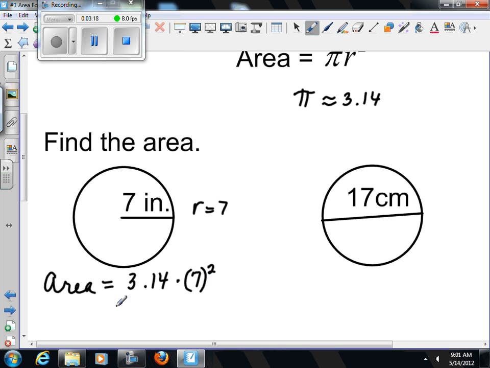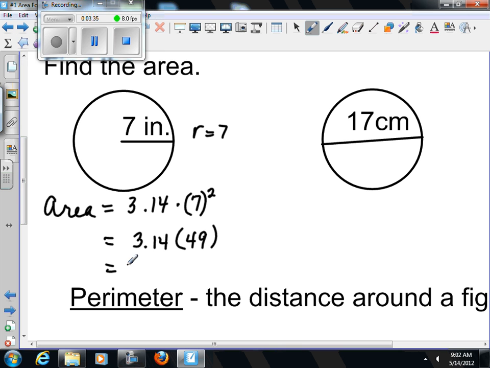We have to do our exponents first. 7 squared is 49. So we have 3.14 times 49, and that gives us 153.86. And this is square inches.